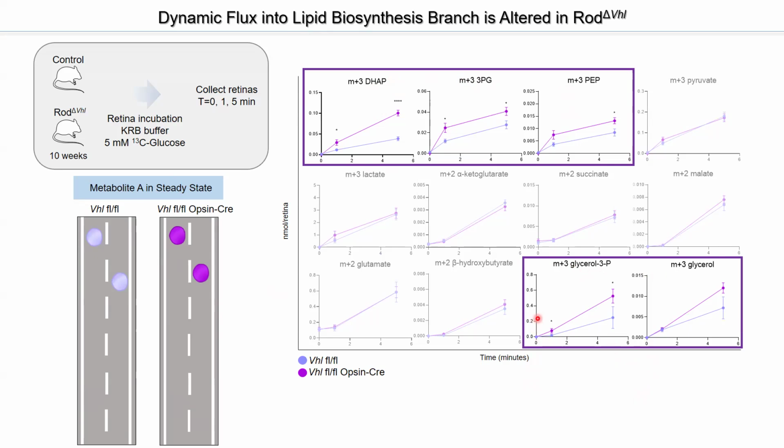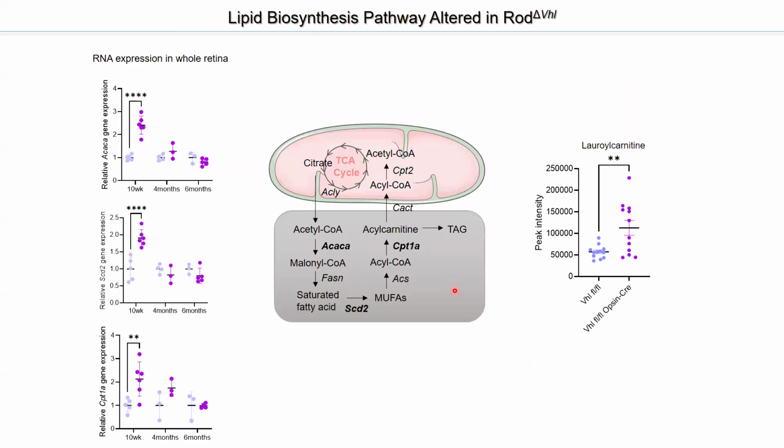So then I tried to explore the fatty acid biosynthesis more, and I checked the pathway that is involved in the synthesis of fatty acids, and we saw at 10 weeks, so again before degeneration, a strong increase on RNA level of different enzymes that were involved in this pathway, such as SCD2 and CPT1A.